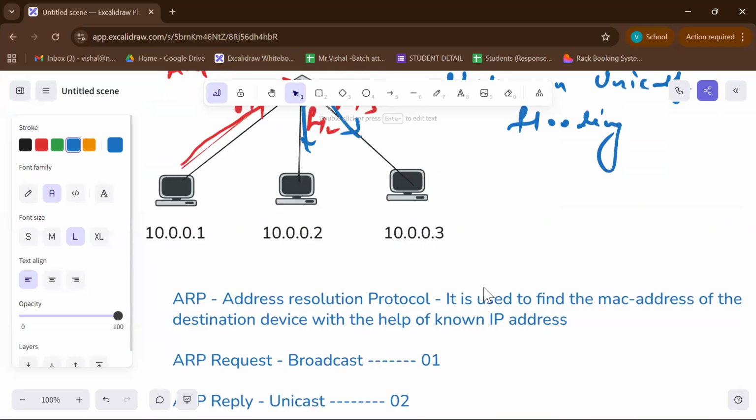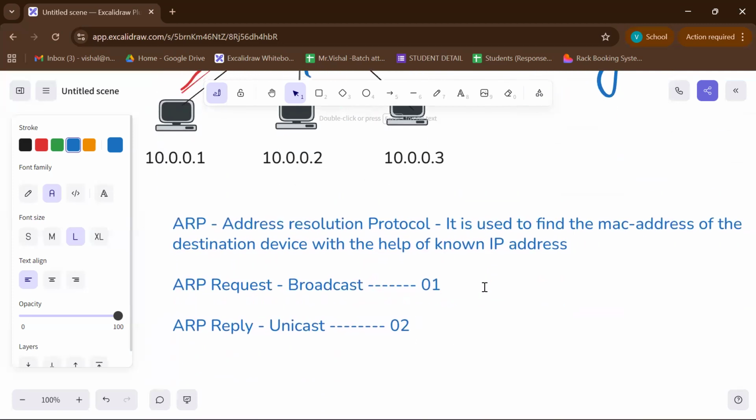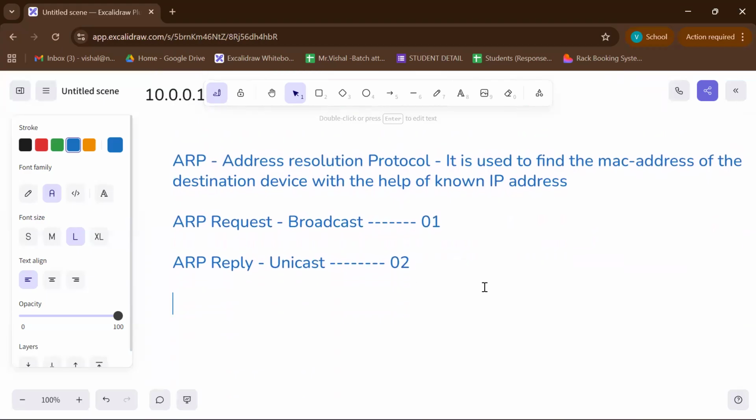Now, one more question. Okay, fine, it is doing the broadcast. Now, what happens whenever an ARP request is generated is that it says the target MAC address is unknown.